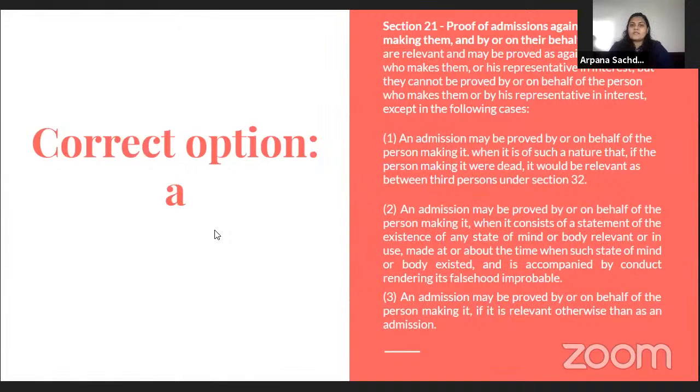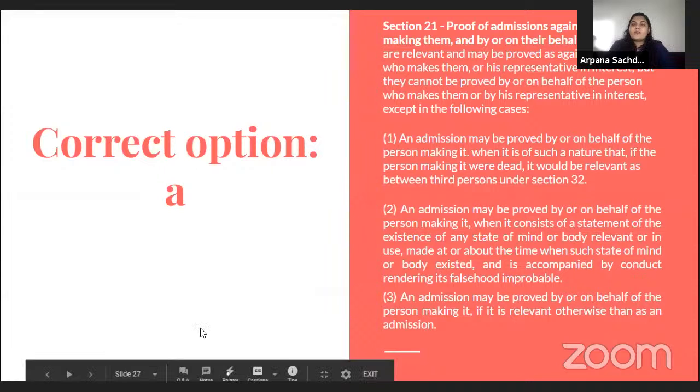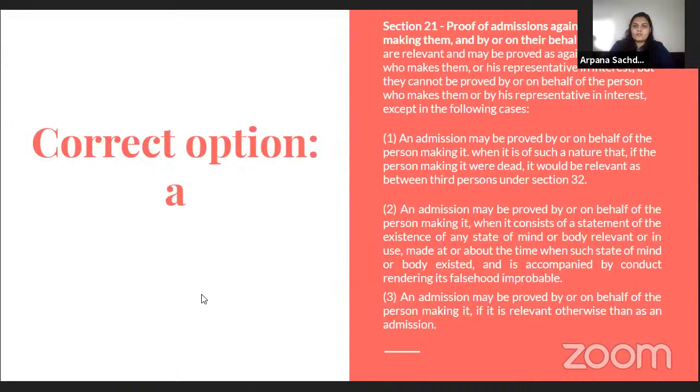So we have these two exceptions: an admission may be proved by or on behalf of a person making it when it is of such a nature that if the person making it were dead, it would be relevant as between persons under section 32.